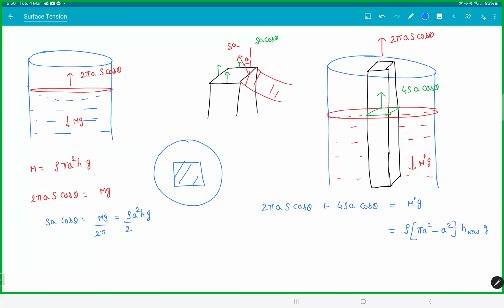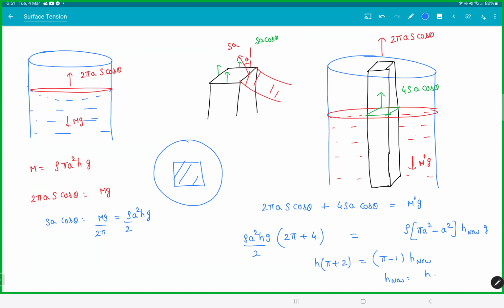So you can take out SA cos theta common here. This will be rho a square h g by 2. This will be 2 pi plus 4. That is equal to this. Rho goes off, g goes off, a square goes off. You will be stuck with h by 2. The 2 also will cancel. You will be like pi minus 1 over pi plus 2, h new.